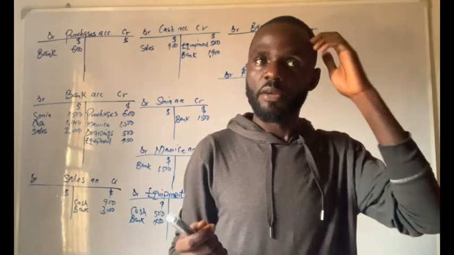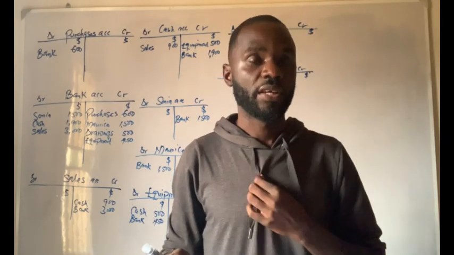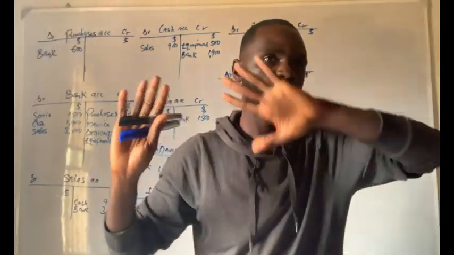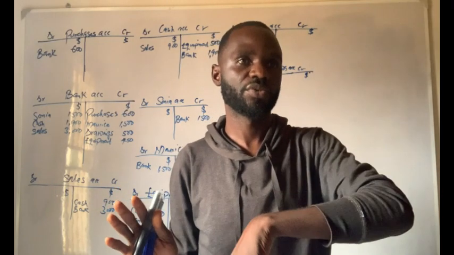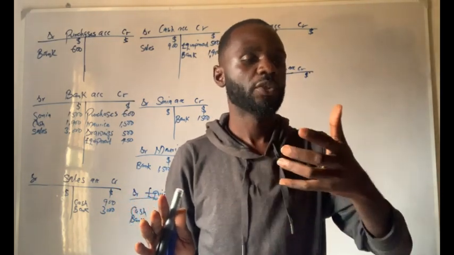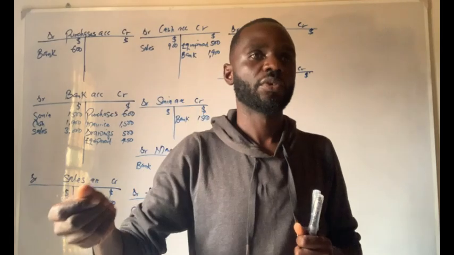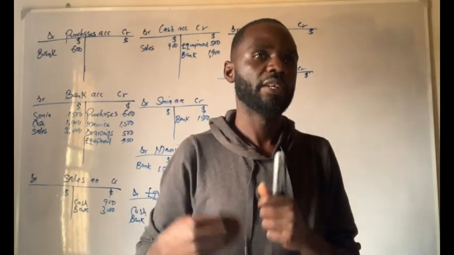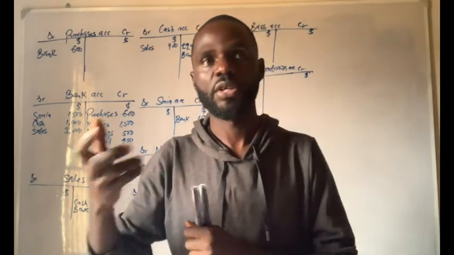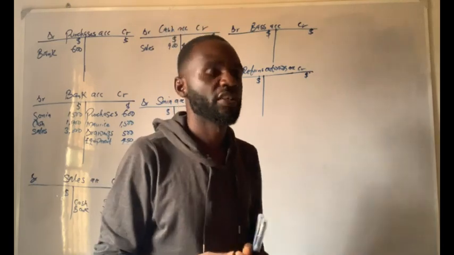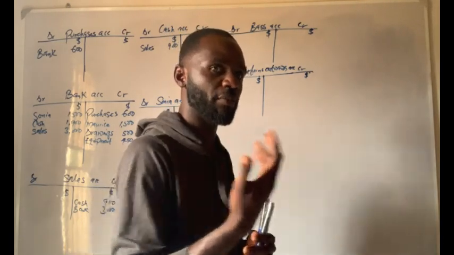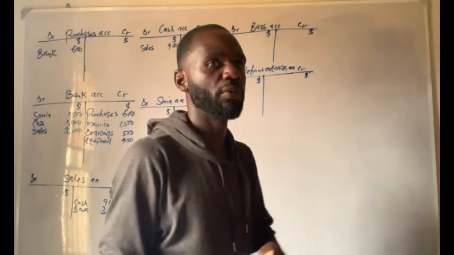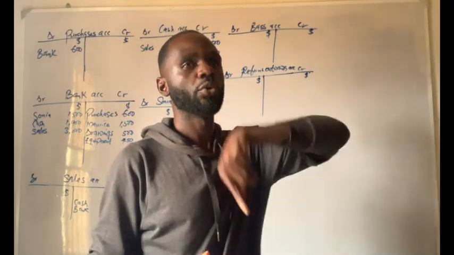In preparing the books, that is the books of original entry of a business, there are two returns. There is what we call sales returns and purchases returns. The sales return is also known as return inward, and the purchases return is also known as return outward. This is essentially when the buyer buys goods and returns goods to the seller. The buyer prepares a return outward, but the seller prepares a return inward.